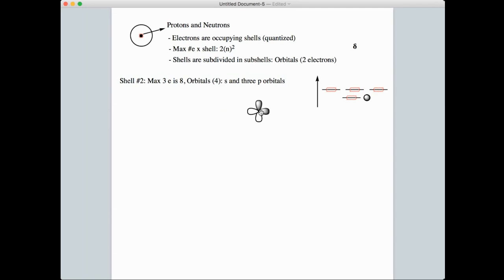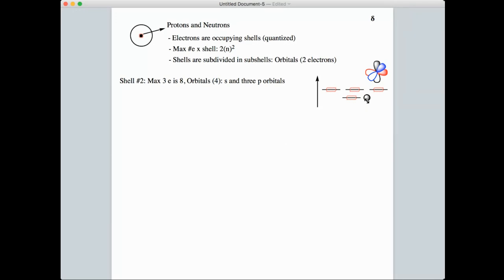So these are the three p orbitals. They have 90-degree angles between them. Remember, you can picture them as axes X, Y, and Z in math. That's exactly how they're going to look in space, the three p orbitals, okay? 90-degree angles between them. That's very important, guys. It's very relevant, and you will see why very soon, okay?